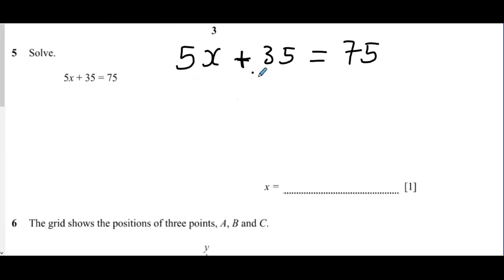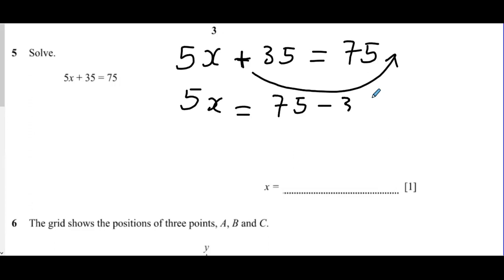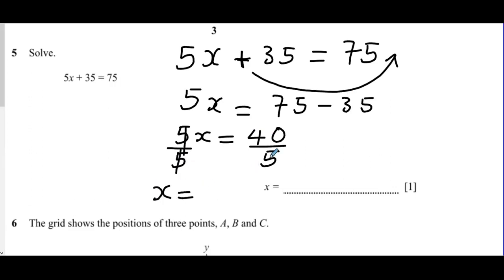This positive 35 will be shifted to the other side, and this becomes 5x equals 75 minus 35, that will be 40. To find the value of x, you need to divide by 5, and this is a no calculator paper. So 40 divided by 5 is 8. So x is equal to 8, and you get your 1 mark there.